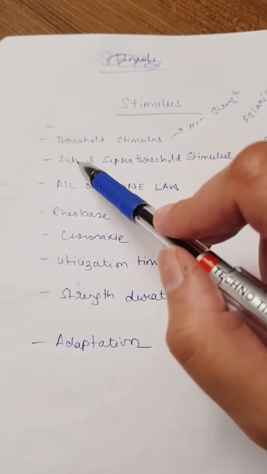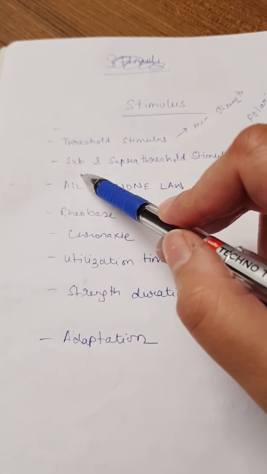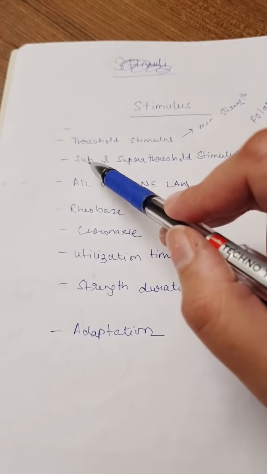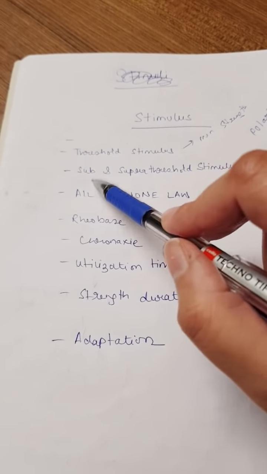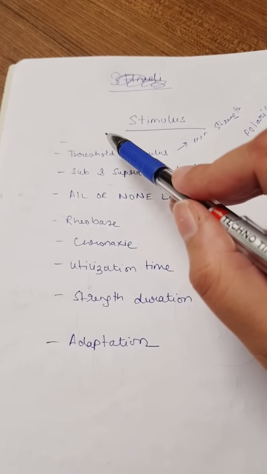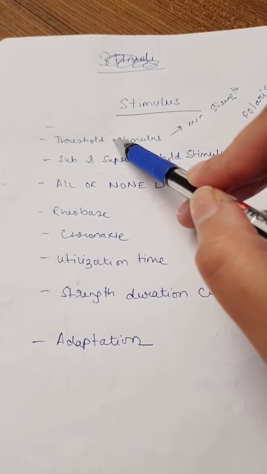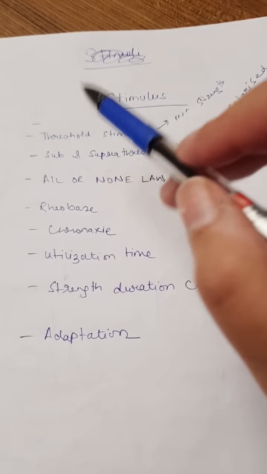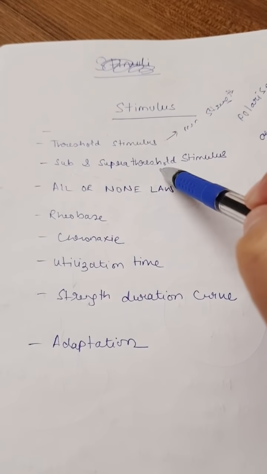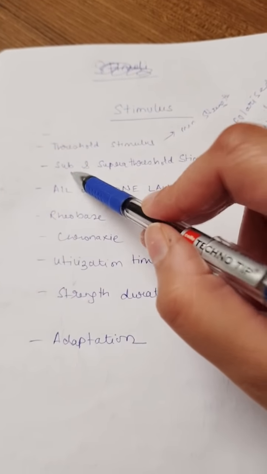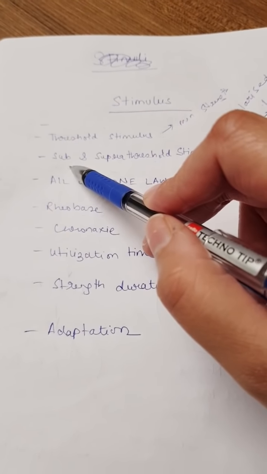We will get some electrical changes, like we have talked about earlier, electrotonic changes and local response, but we won't get an action potential unless a stimulus of threshold strength is given. Okay, so sub-threshold and supra-threshold. Sub-threshold will not produce an action potential but will give rise to a local response or electrotonic response.